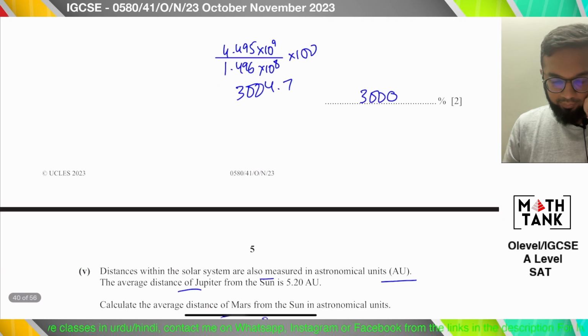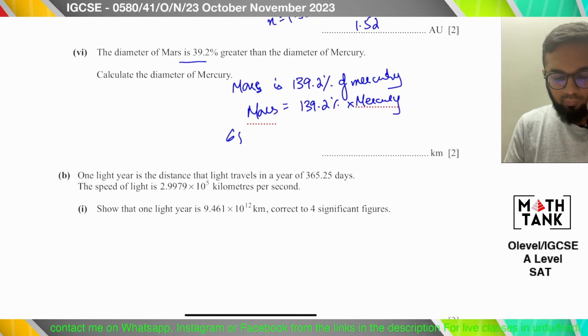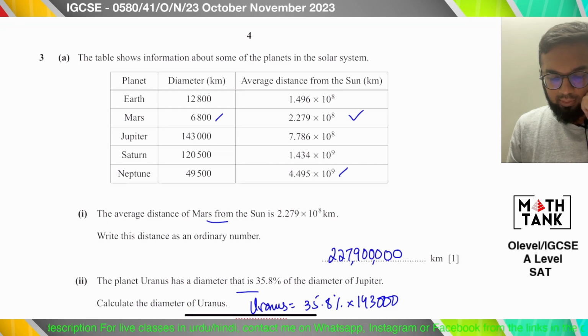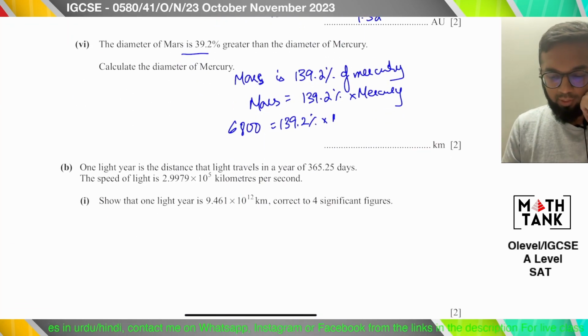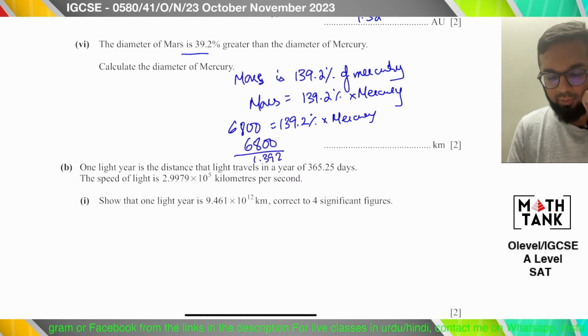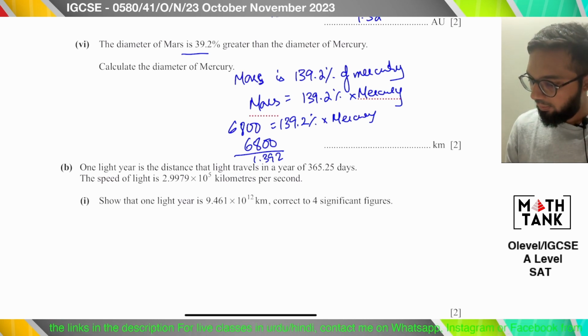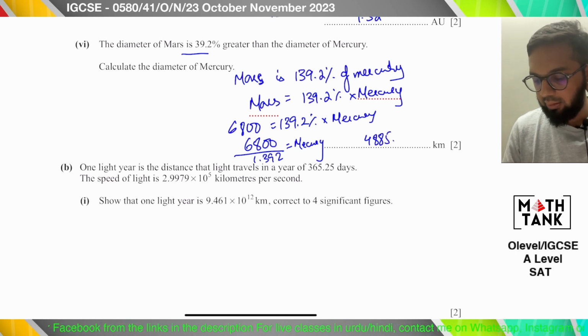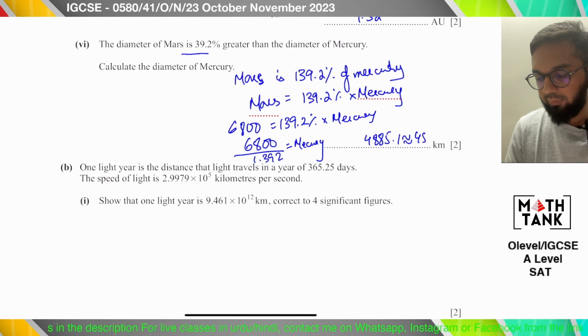Mars is 6800, 139.2%. Mercury is not there. So it's 6800 divided by 1.392, in decimals, and I'm getting something like 4885.1, which is approximately 4890.